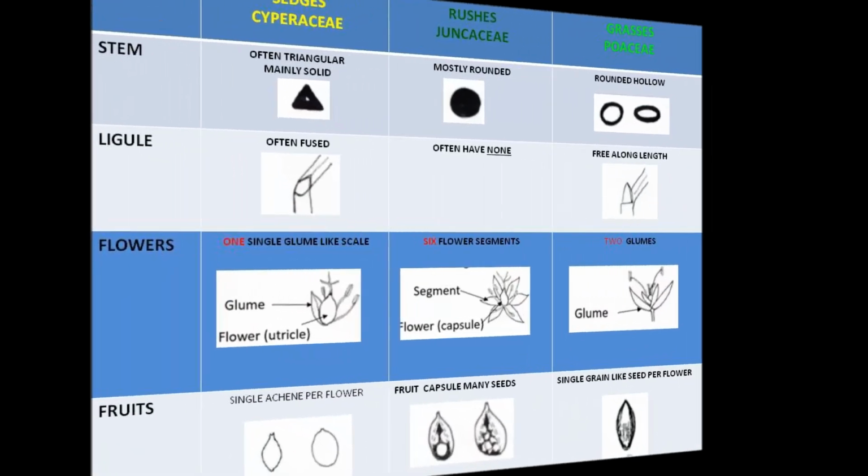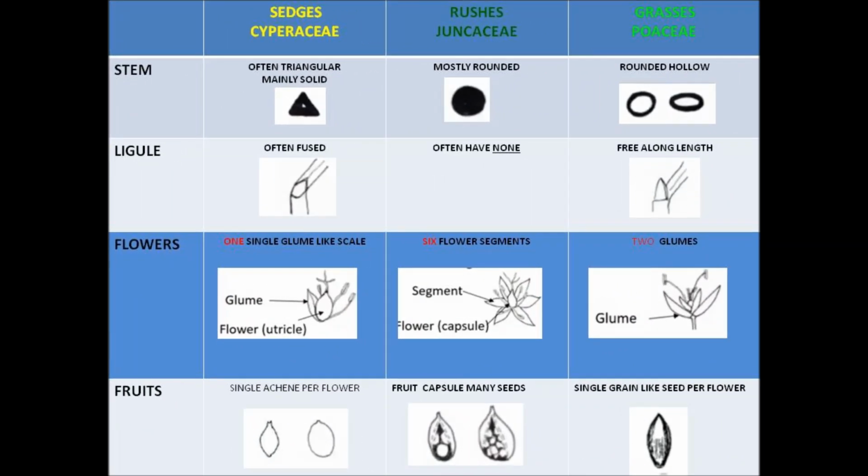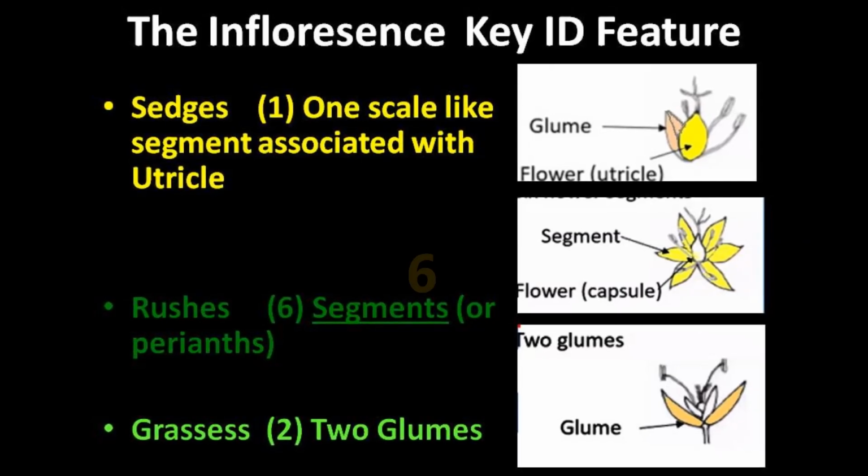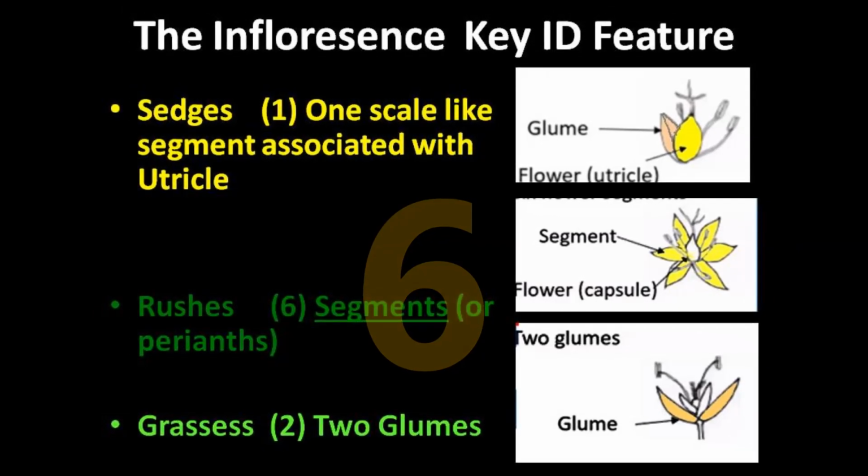Critical to the assignment to families is observations of the inflorescence. In the case of a sedge, it has 1 fruiting body associated with the flower, known as the utricle, and 1 bract-like structure, known as a glume. Say again, 1 glume associated with sedge. If we are looking at rushes, we have a seed capsule derived from the flowering parts, and 6 segments, say again, 6 segments associated with the structure.